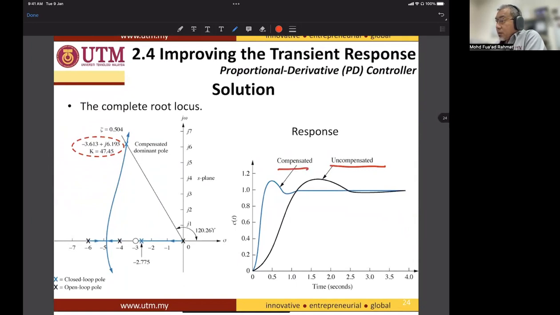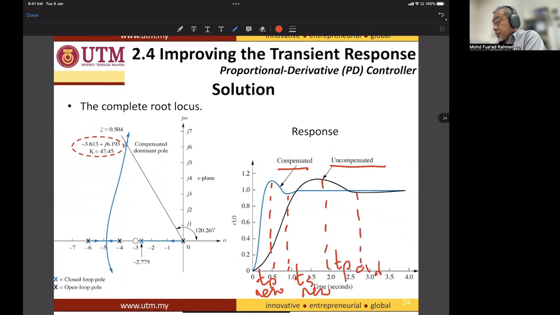So the settling time is much faster, the peak time much faster. Peak time over here, settling time, new. This one is the peak time, the old settling time.